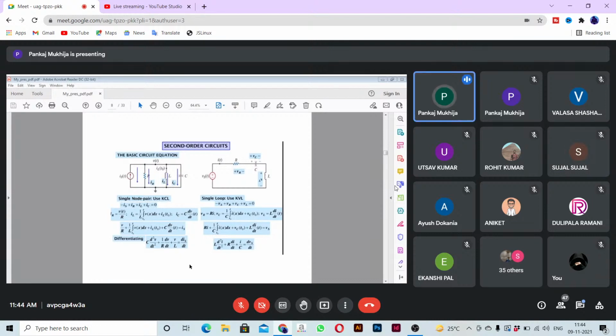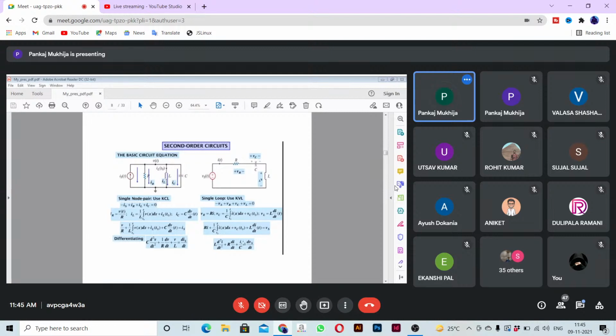So we have this RLC circuit, and this is our differential equation. We obtain this second order differential equation.